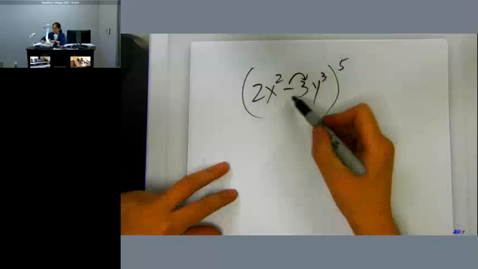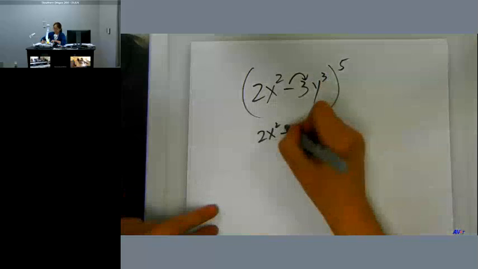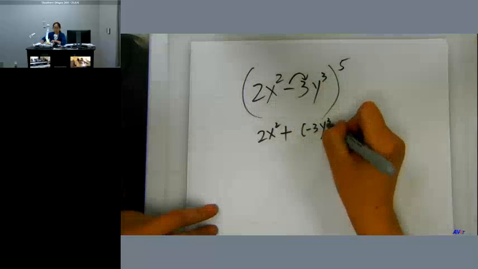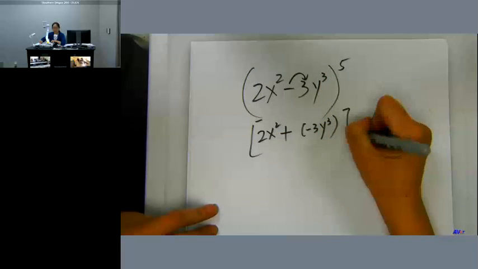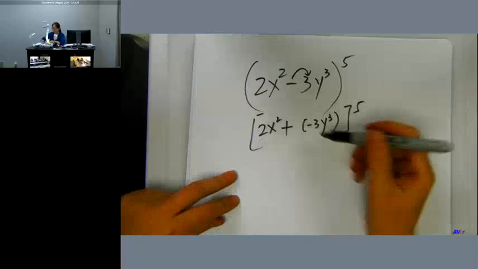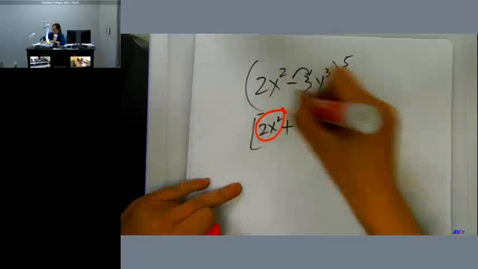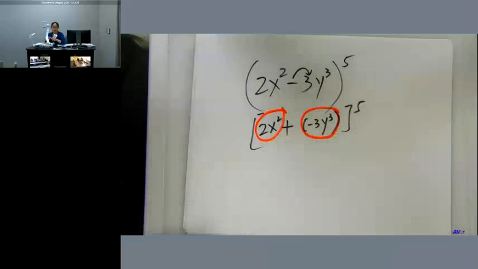So this is like doing 2x squared plus negative 3y cubed. When you apply the formula, you apply it to 2x squared and negative 3y cubed. Does that make sense?